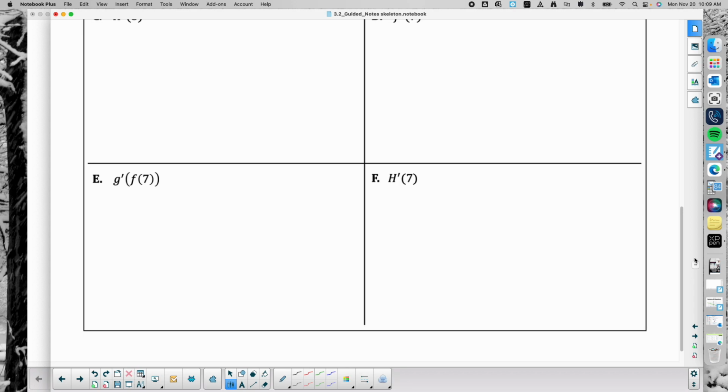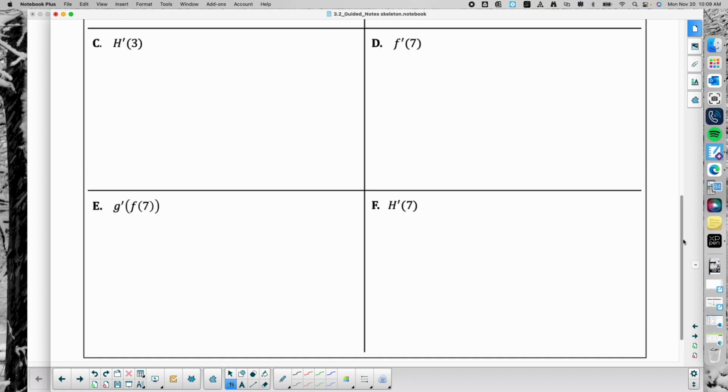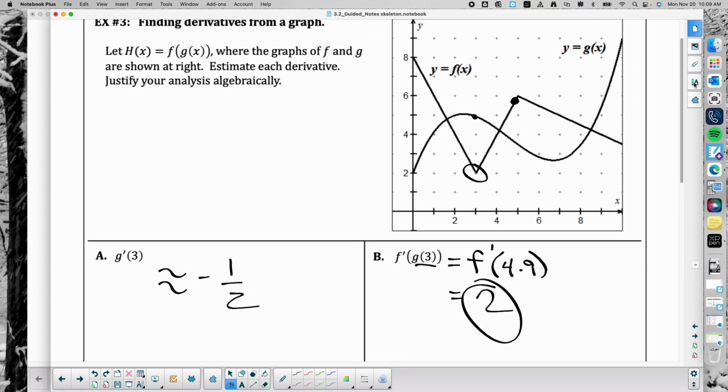Okay, G prime of F of 7. So F of 7 will have an answer. Wait, is it F7? No, F of 7 would be the height.